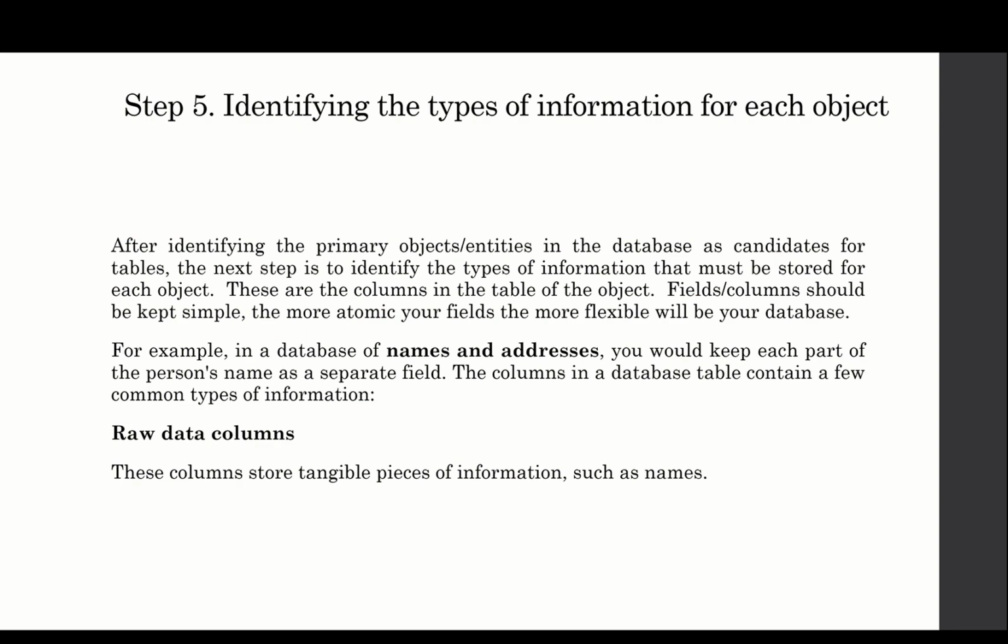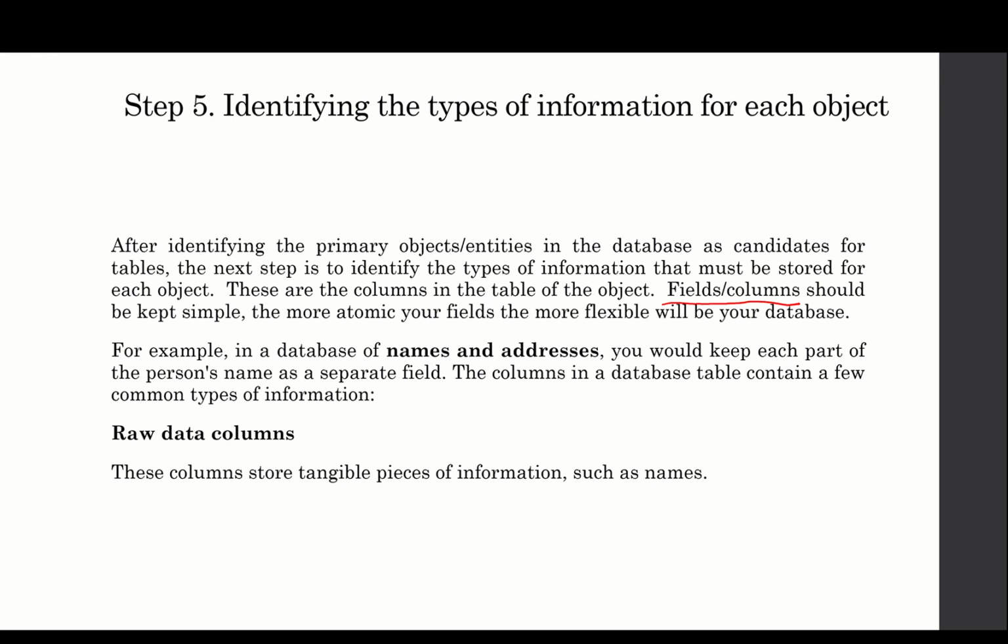So in that case, you need to identify the types of information which will be stored in each object by specifying what we call columns or fields. These are attributes, as we saw.